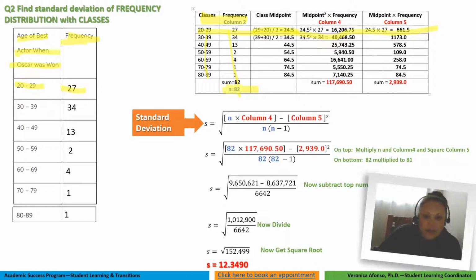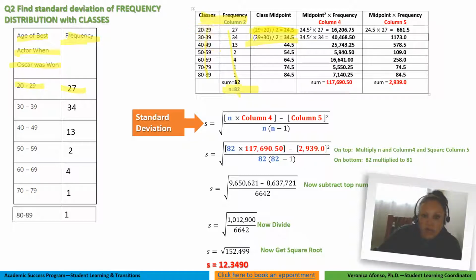How do I get the class midpoint? Well, I take 29 plus 20, and then I divide by 2. Where did I get this 29 plus 20? I got it over here. Here's a 20, here's a 29. I add them together, then I divide by 2, and I should get 24.5. Try it on your calculator.